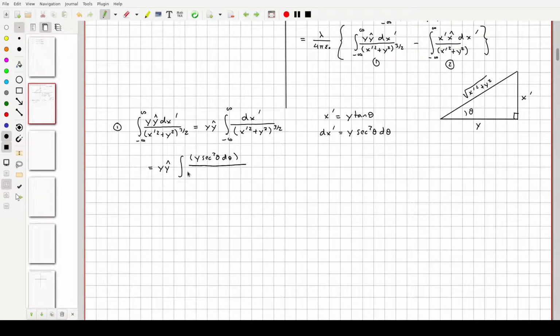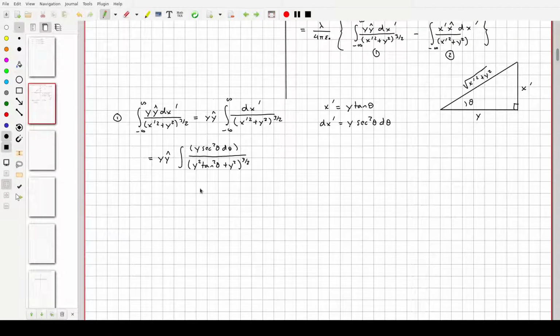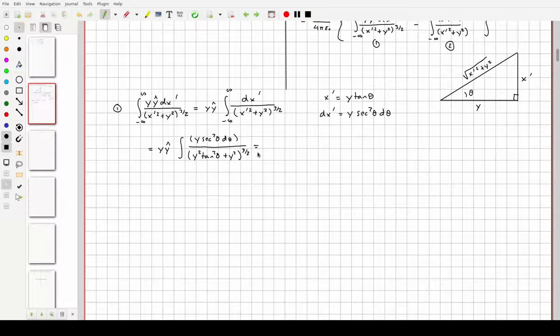In the denominator, I have x prime squared. X prime is this. And then I have a plus y squared, and that's raised to the 3/2 power. Now, what I'd like to point out is the following. Again, y is just a constant. It's just a height. So I can pull that out here, and that would make this a y squared.